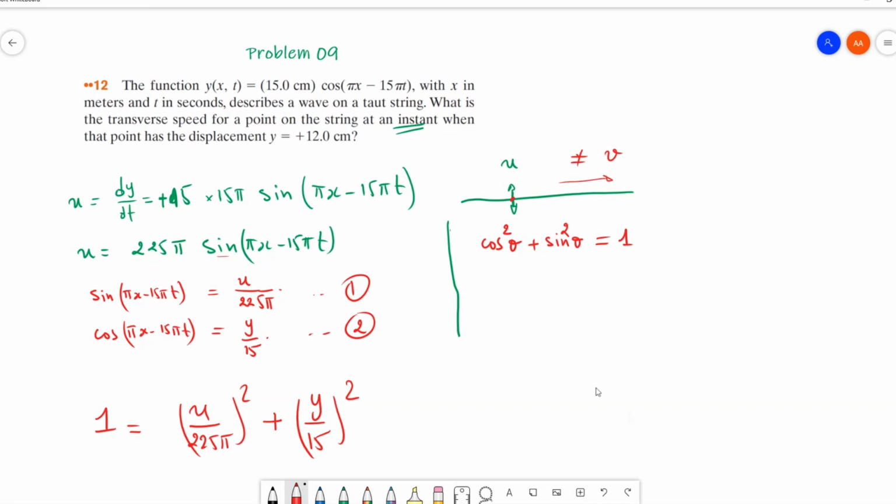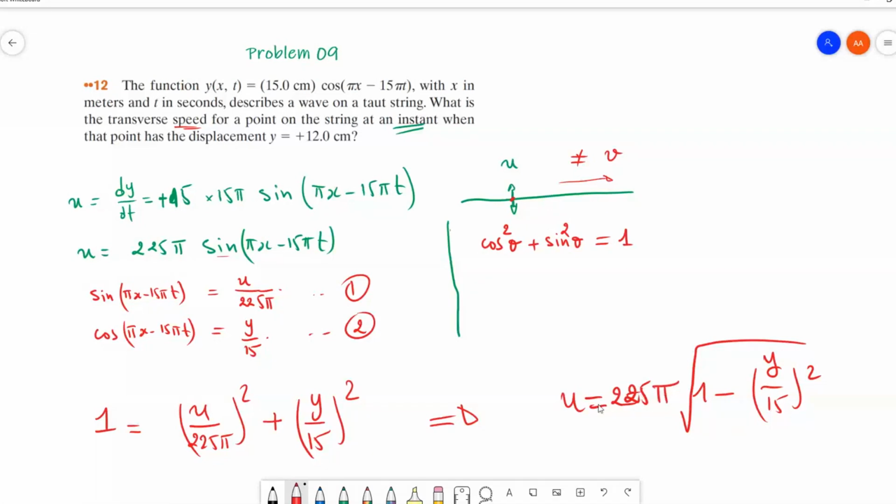So here I'm searching for the transverse speed, so I'm searching for u. It's easy. u is equal to, I put this one, 1 minus (y over 15) square. I need to take the square root like this and multiply by 225 pi.